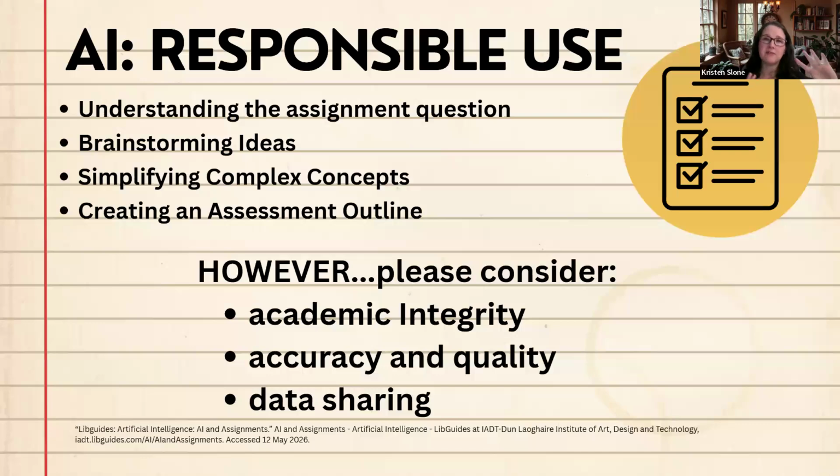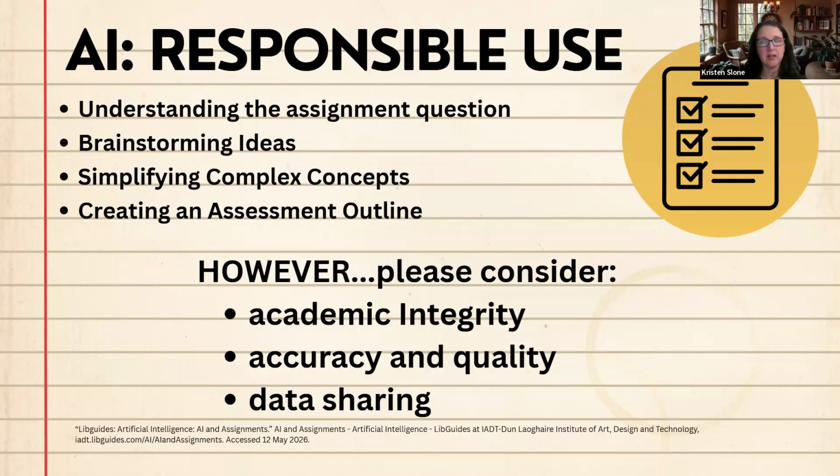Use it to help simplify complex concepts, okay? Use it to help create some sort of assessment outline. In other words, based on this assignment, what components do I need to make sure I include in my final product?